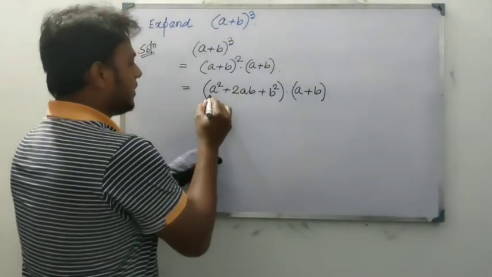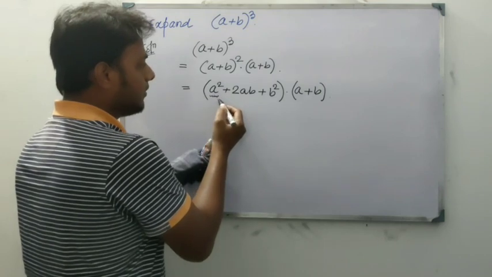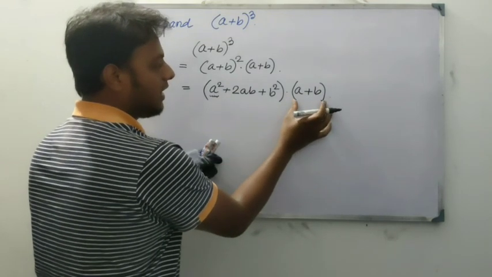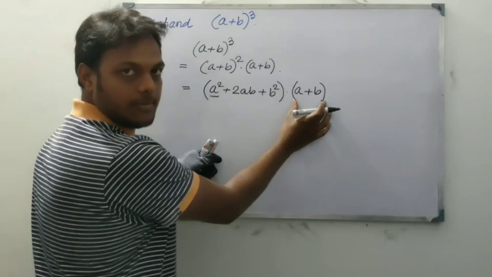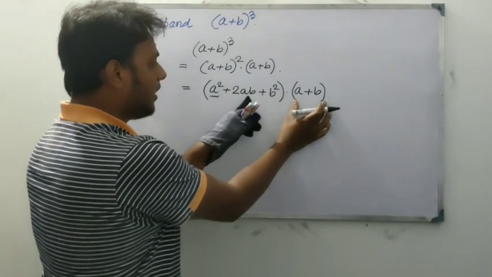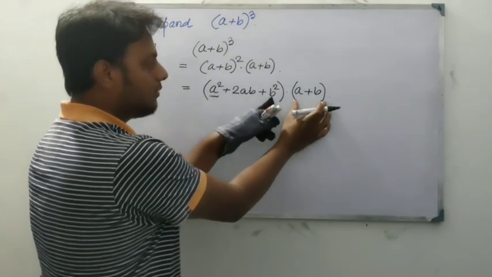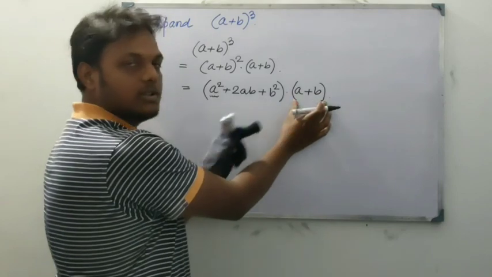So first we will consider the first term, this a square, and multiply it with the second factor, that is (a + b). Secondly we will consider 2ab and multiply with (a + b), and third we will consider b square and multiply with it.